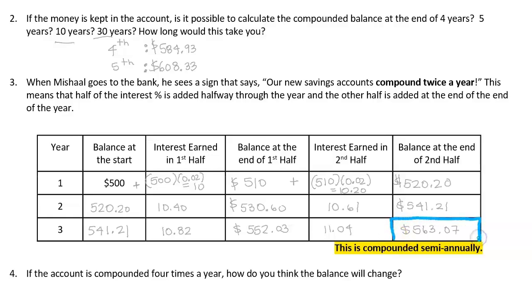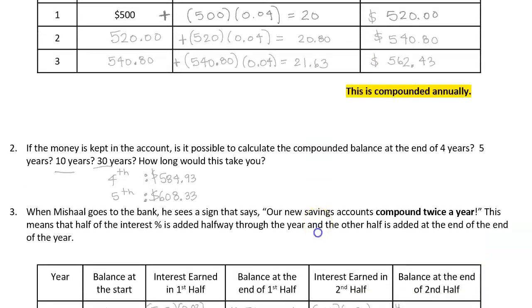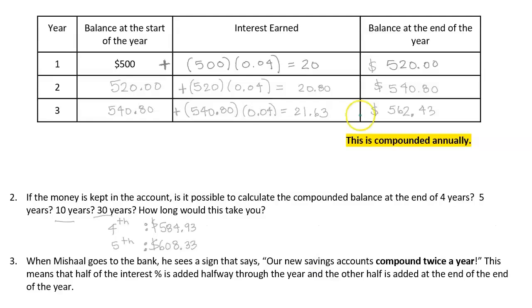However, our ending values at the end of 3 years are different. In the compounded semi-annually, we have $563.07. When we compound annually, we have $562.43.